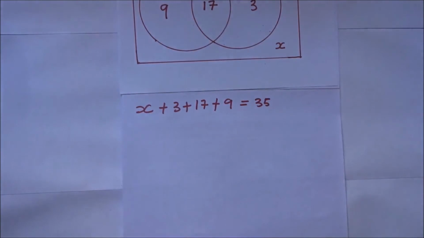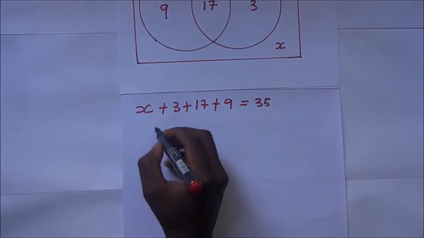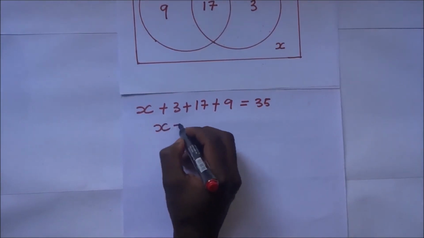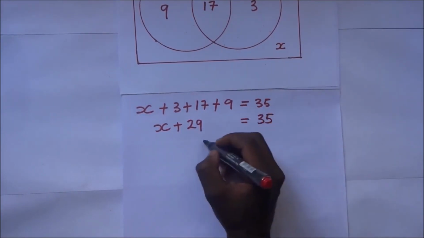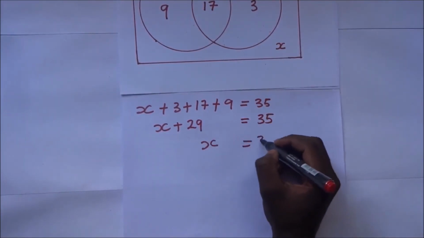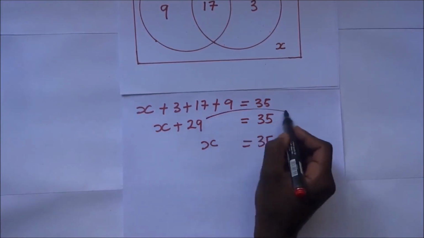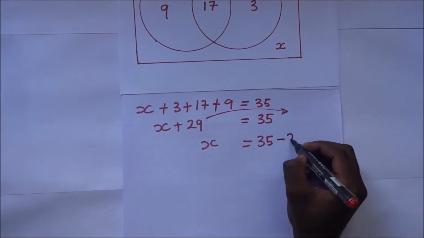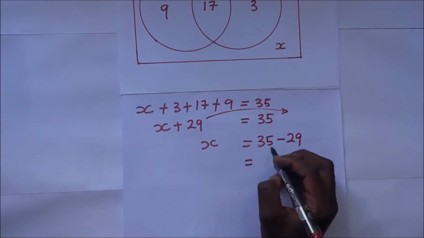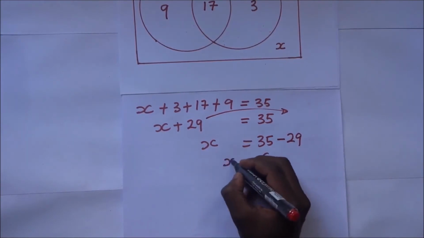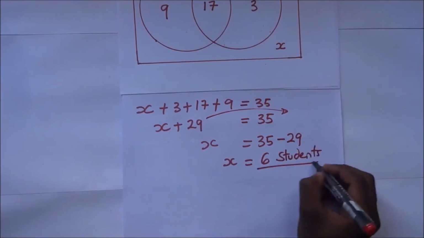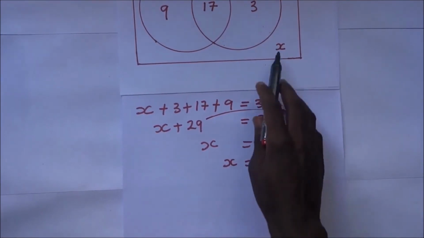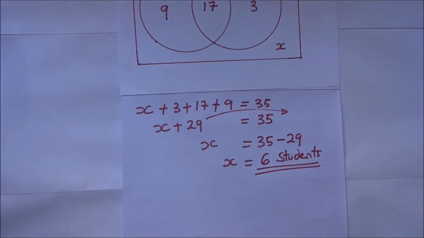And our answer there is going to become x plus 29 is equal to 35. x is going to be equal to 35, this 29 goes that way, it becomes 35 minus 29, and we shall remain with our value of x as 6 students. So it means it is only 6 students that do not play any of those games.